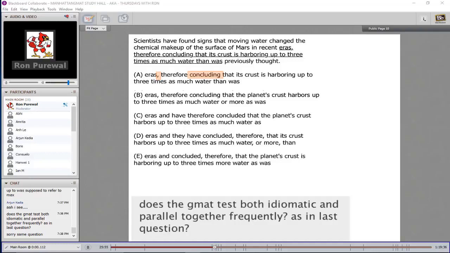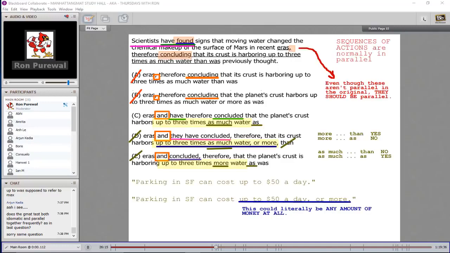There's not really such a thing as testing things together. I mean, if you're thinking about this as together, that's the wrong way to think about it. Because remember, the entire key to solving sentence correction problems is to not think of things together. Like in this problem, the "as much as, more than" idiom, you don't need to think about.